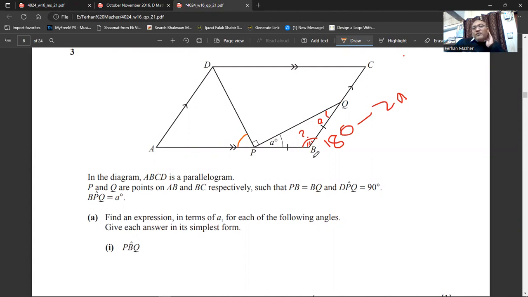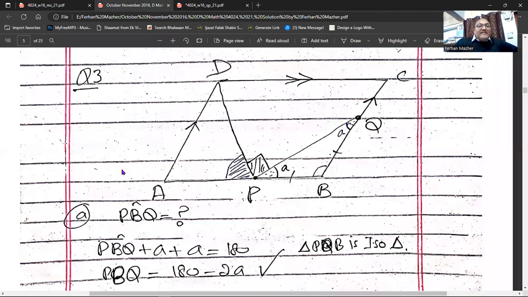Can you see this APB is a straight line, and this angle A is 90, it's given. I want to find this angle because they are adjacent angles on a straight line, so their sum will be equal to 180. So I can find APD very easily.